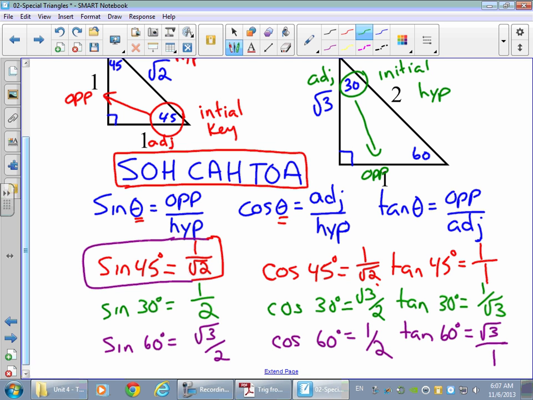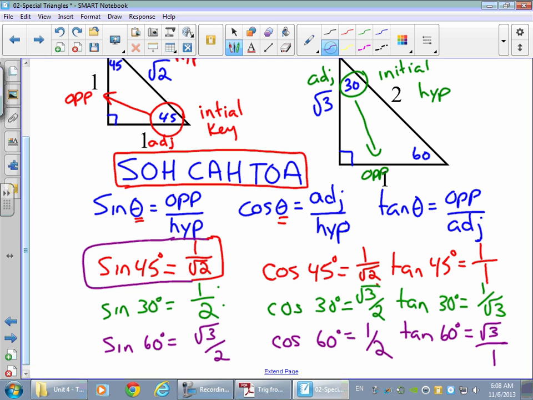And then we end up with these ratios down below. Opposite is the 1, hypotenuse is the 2. Cosine, root 3 is the adjacent, and 2 is the hypotenuse, and tan is 1 over root 3.